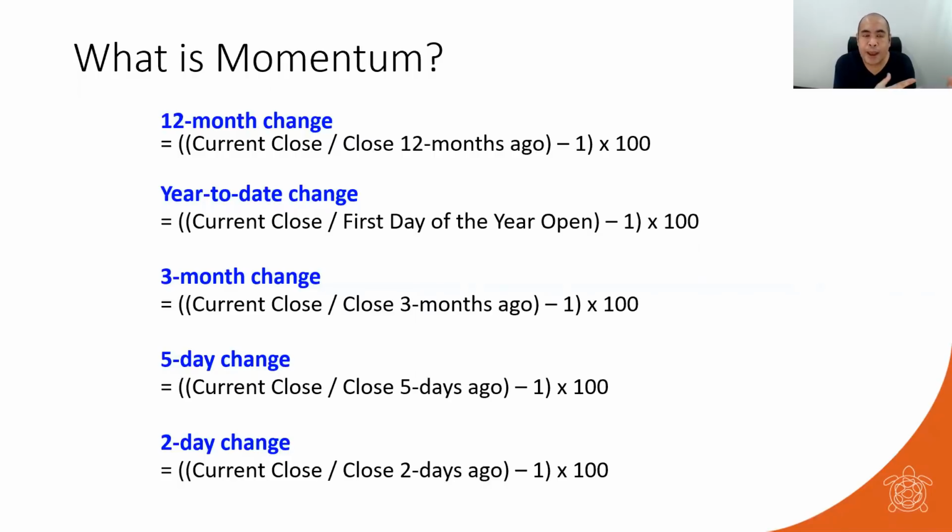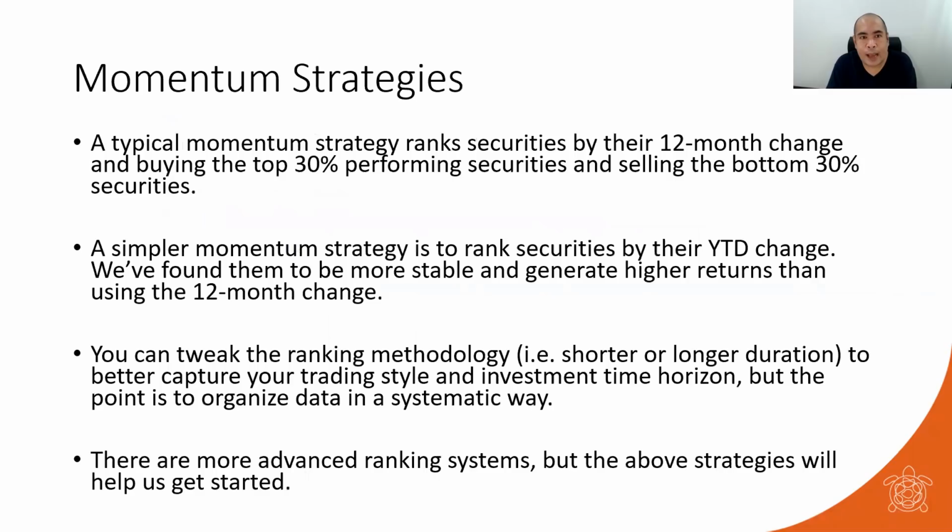Year-to-date change, you're comparing the current close against the first day of the current year, and again, doing the same transformation. 3-month change is rolling. You're comparing the current close against the 3-month close. 5-day change, current close against the 5-day close, and then the 2-day change is the current close against the 2-day previous close. So that's basically the momentum measurement that we're trying to capture.